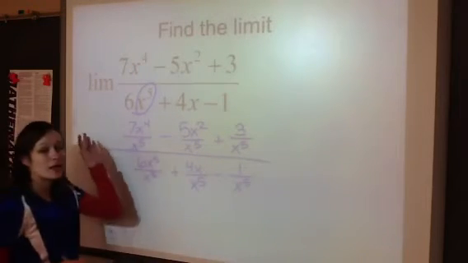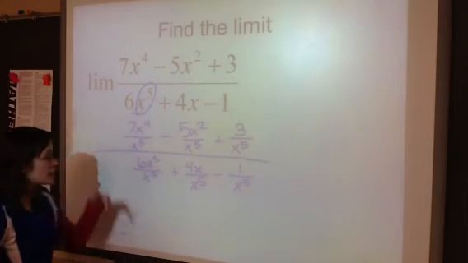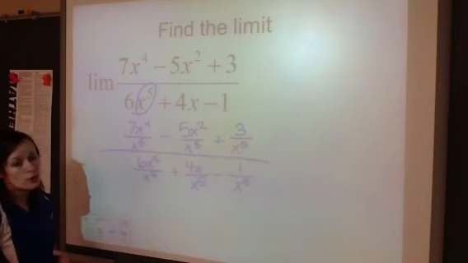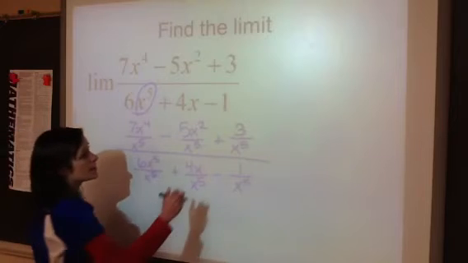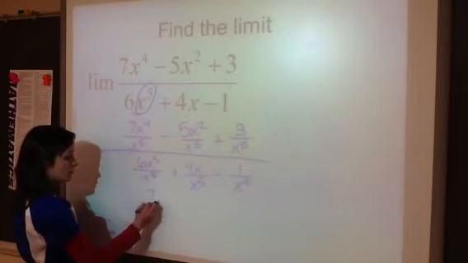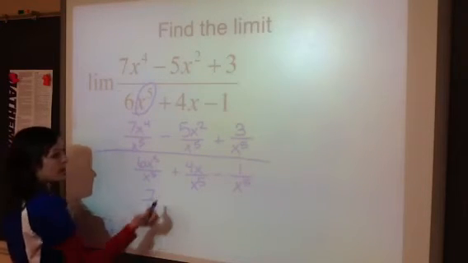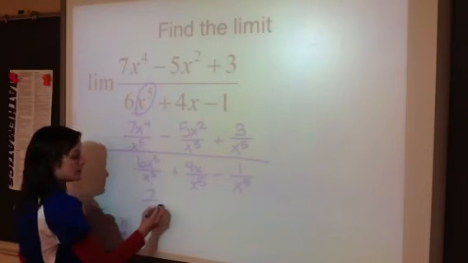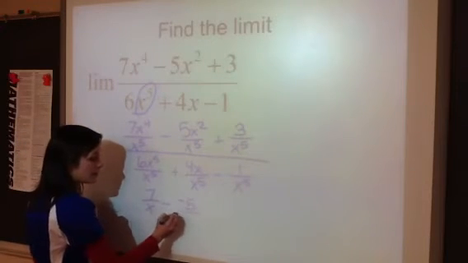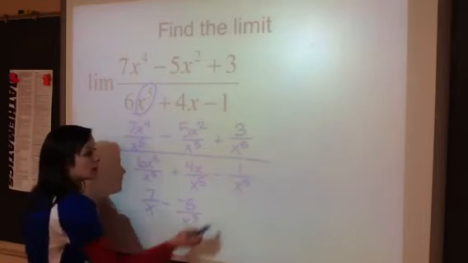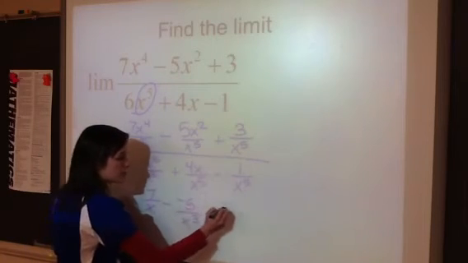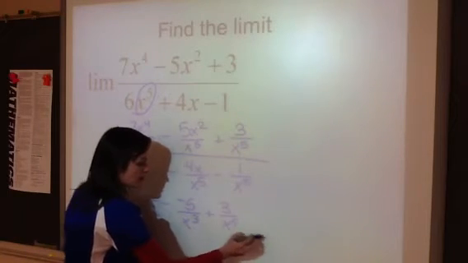If you simplify each part of that fraction, 7x to the 4th over x to the 5th becomes 7 over x. The second part becomes negative 5 over x cubed. This last part stays 3 over x to the 5th.